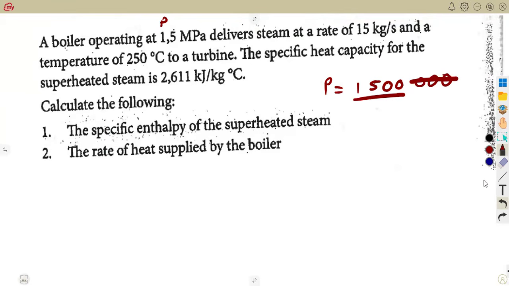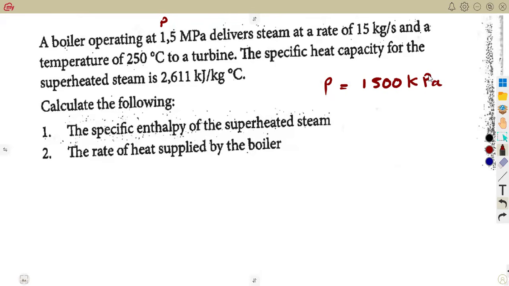What do you remain with? 1,500. The easier way, just multiply whatever you're given times 10 to the exponent of 3. So meaning to say this will be 1,500 kilopascal.